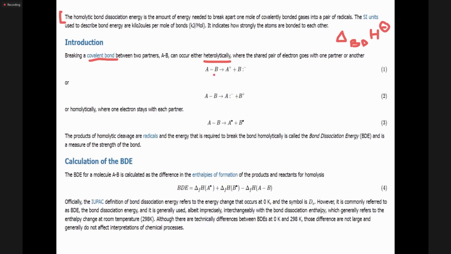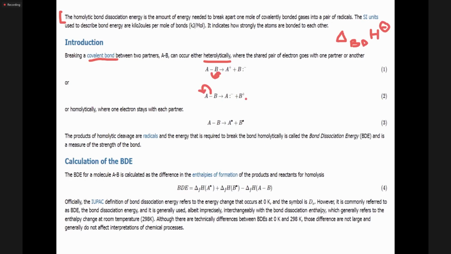If the bonded electrons are taken up by B, it will be A plus and B minus, so A cation and B anion. Or else, if the bonded pair is taken up by A, it will be A minus and B plus, so A will be an anion and B will be a cation. These are the heterolytic bond cleavage scenarios.